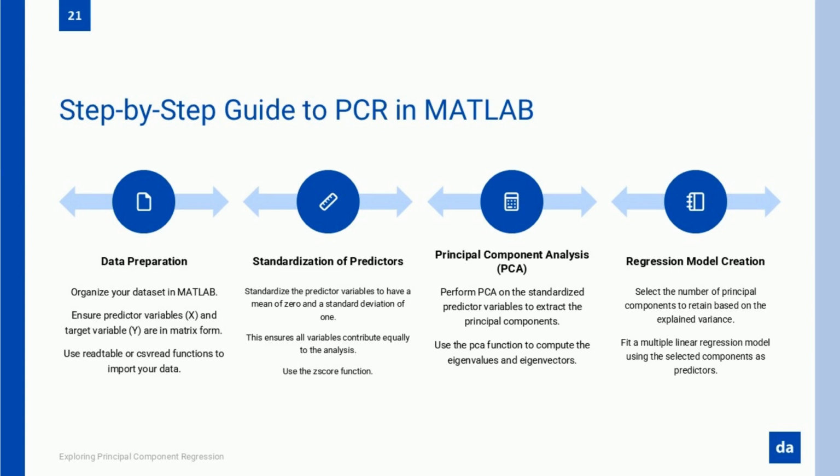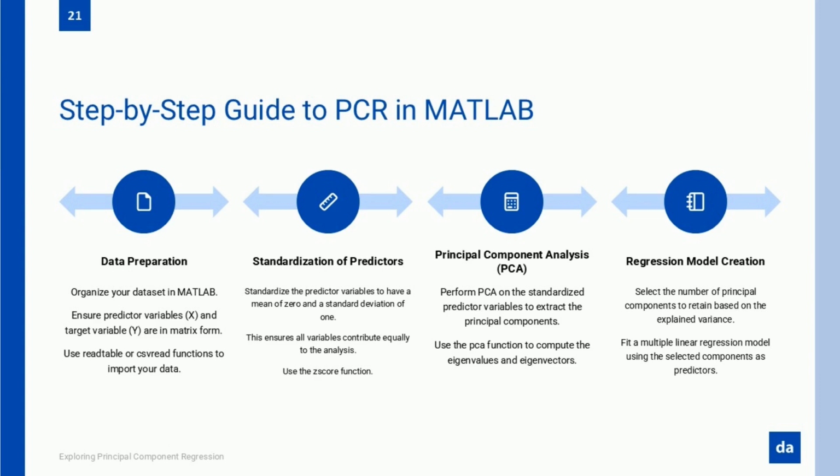The first step in performing PCR in MATLAB is data preparation. The dataset is imported using functions like readtable or csvread, ensuring that the predictor variables and the target variable are correctly formatted. If missing values are present, they must be handled before proceeding.